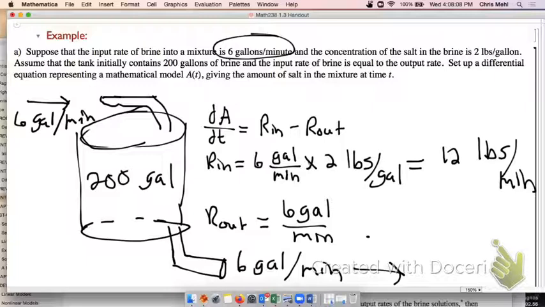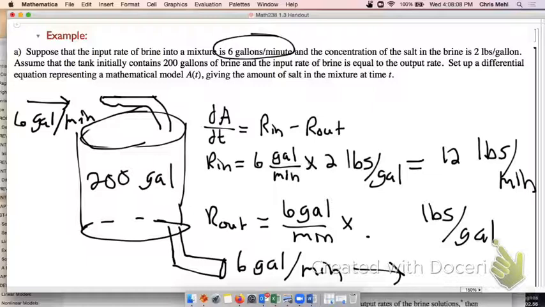Notice you need the end result to be pounds per minute, how much salt is leaving per minute. So you multiply this by who knows what for now, but it is pounds per gallon. What's the concentration of salt coming out of the tank?